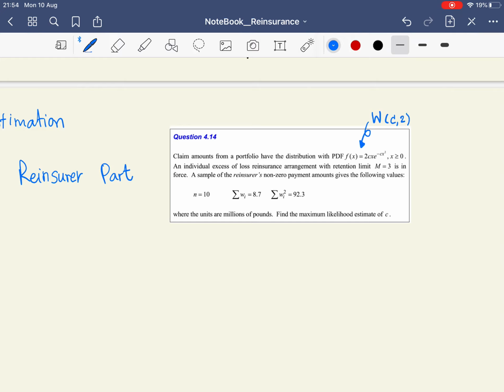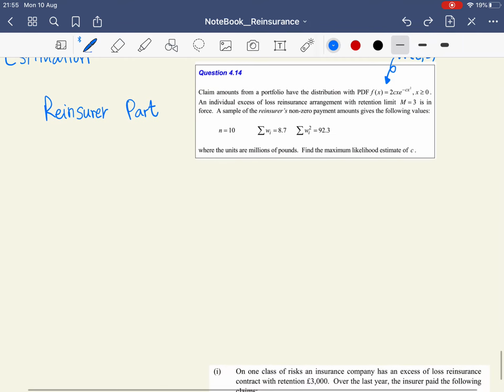Our retention limit is M equal to 3, and we are given that there are 10 claims that the reinsurer is involved in, and the sum of all claims is 8.7, and the sum of squares is 92.3. So we are asked to find the maximum likelihood estimate of C.